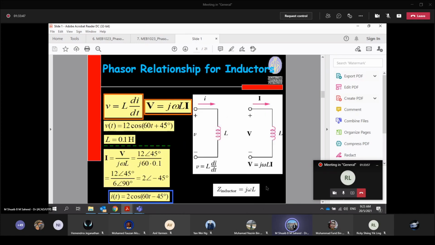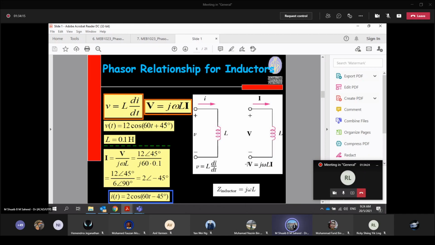So what is this? Phasor relationship for inductor. Now you have an example of current moving through the inductor. The voltage drop will be j omega L multiplied with the current, because now this is exactly like a resistance.